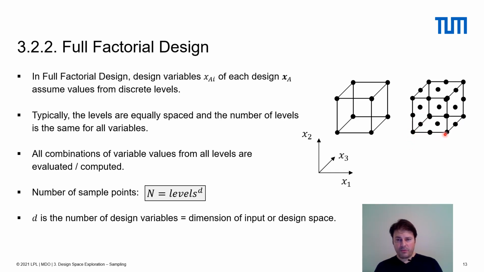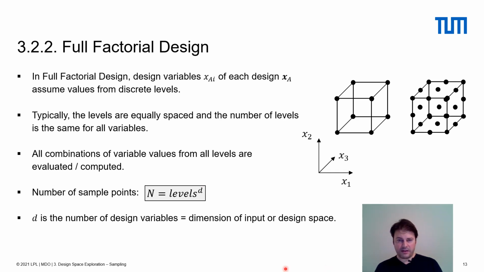So this here would be an illustration of a sample where you have 3 levels, and the number of sample points you would produce this way would be 3 times 3 times 3. And then it's easy to understand that, in general, the number of sample points you would produce this way is the number of levels to the power of the dimensions of your input space.